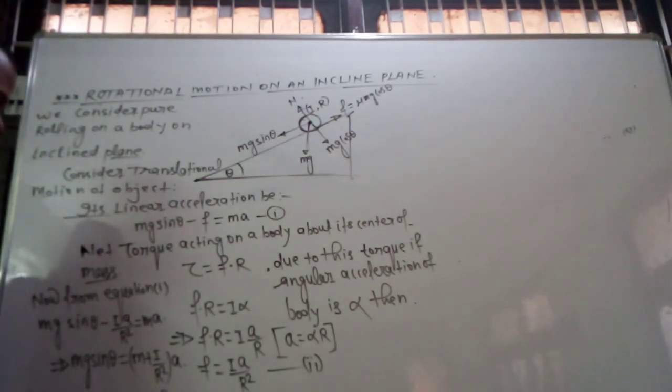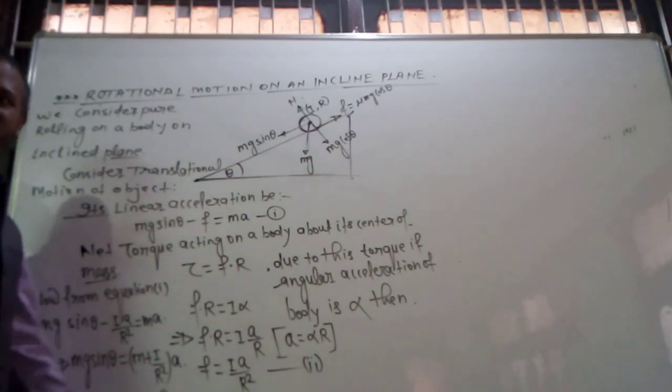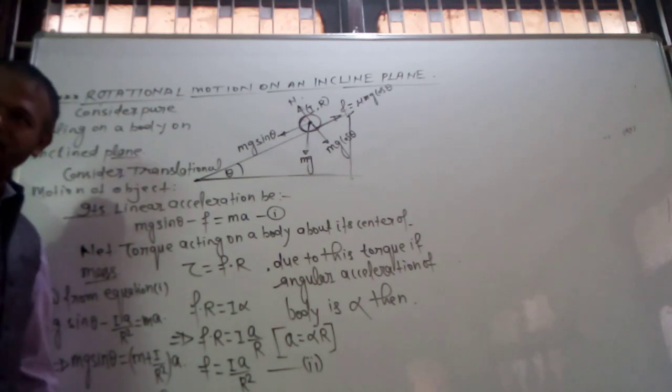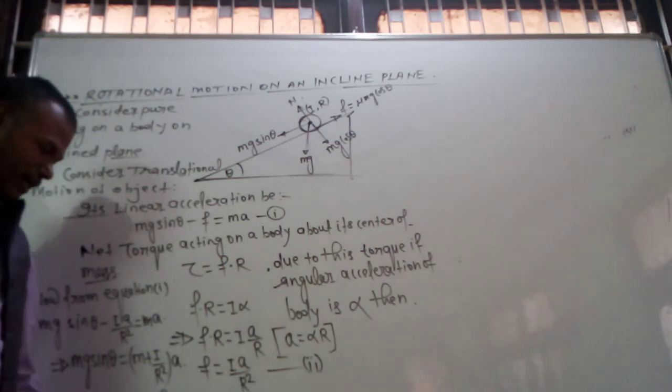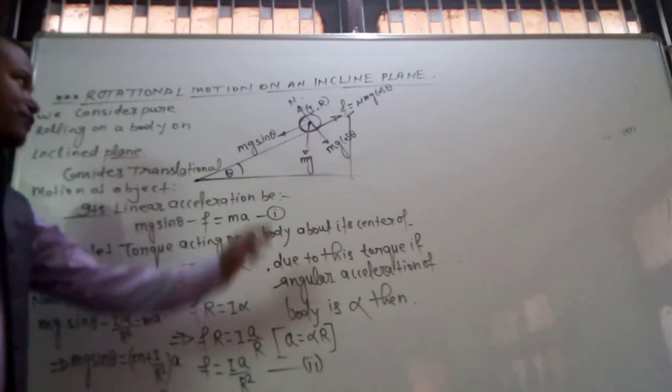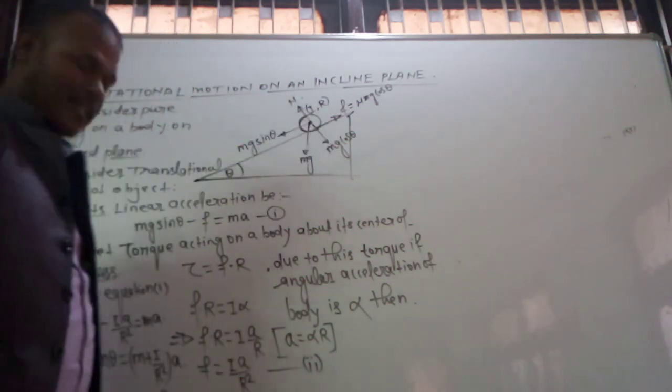Still, we can see here what the acceleration is in one line. We have considered previously that acceleration will be equal to NPF by the mass, and here we will consider the rotational effect of the object. So we have to take I upon R square. The mass of the rotating object is taken as I upon R square.